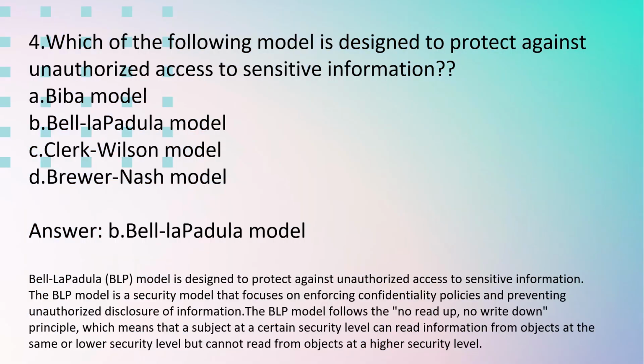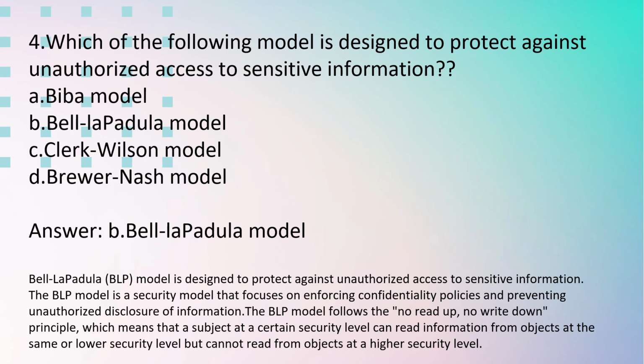Which of the following model is designed to protect against unauthorized access to sensitive information? And the answer is B. Bell-LaPadula model. Bell-LaPadula model is designed to protect against unauthorized access to sensitive information.